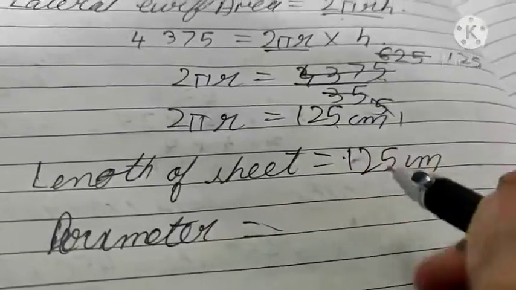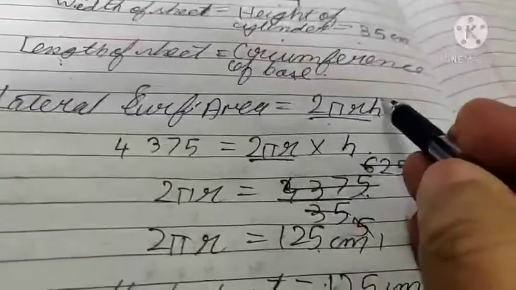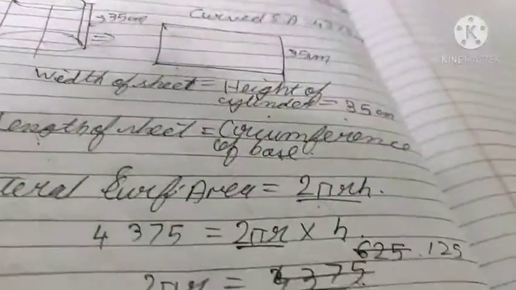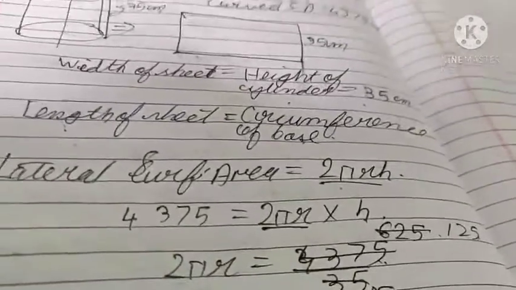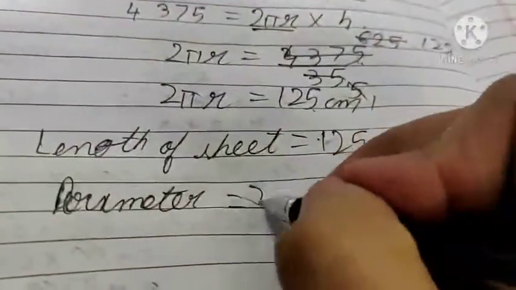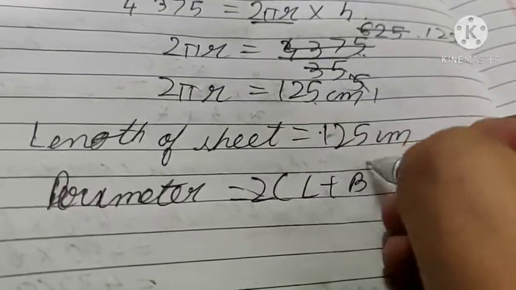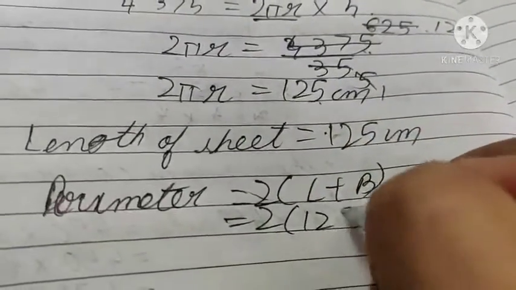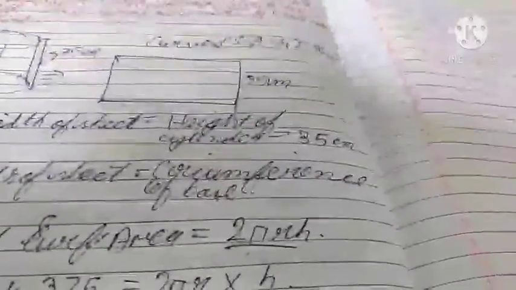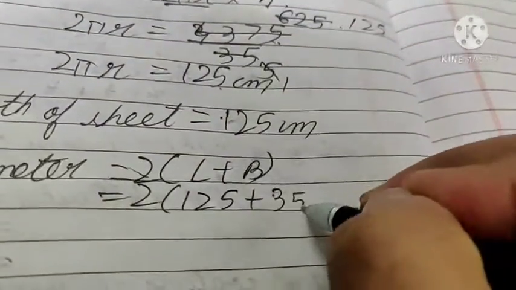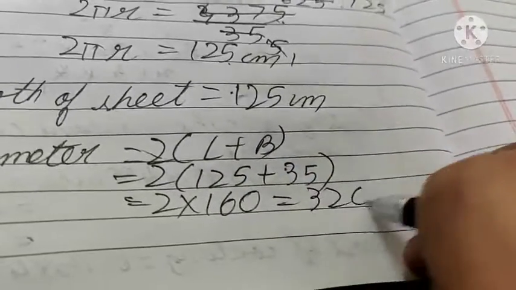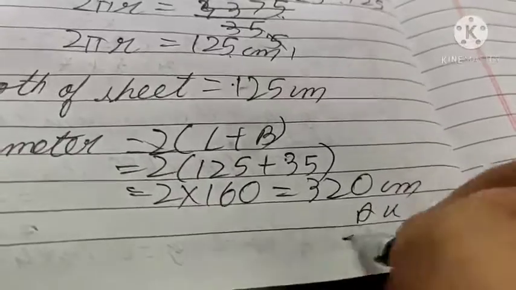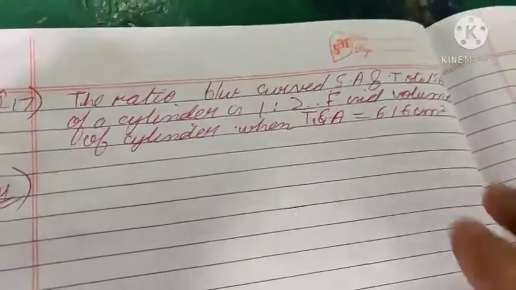If you are not understanding this, you can directly find the value of radius from it, and then separately calculate the circumference of the base and keep that equal to the length of the sheet. So perimeter is 2 into l plus b. 2 into 125 plus 35, that is 2 into 160, which is 320 centimeter. This is our answer.